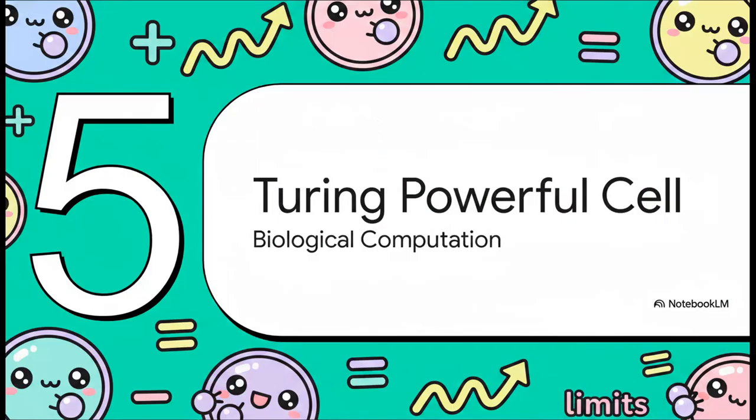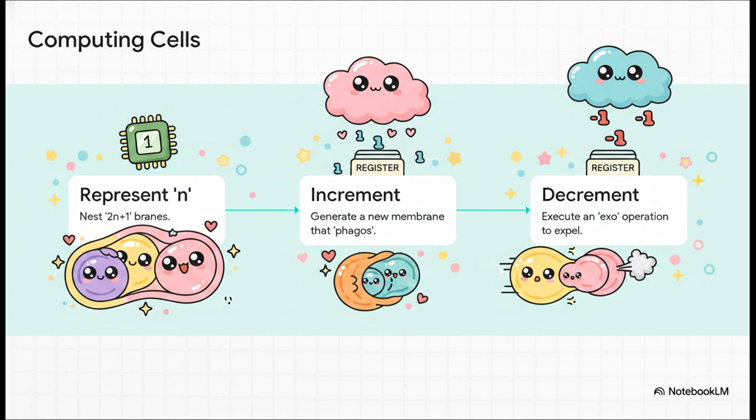And finally, Section 5. A Turing powerful cell. This is where it gets crazy. So, what actually happens when we push the nesting nature of that PEP model to its mathematical limits? Well, it turns out a membrane swallowing another perfectly mimics a computer adding a 1 to a register. The researchers proved you can actually encode a random access machine, which is a foundational model in computer science, using just cell membranes.